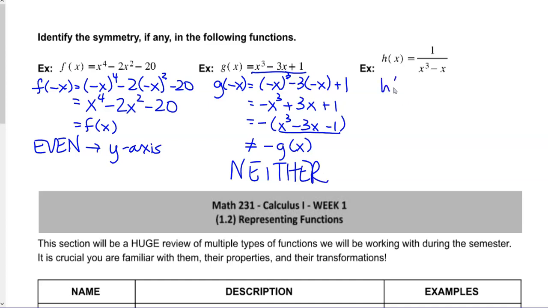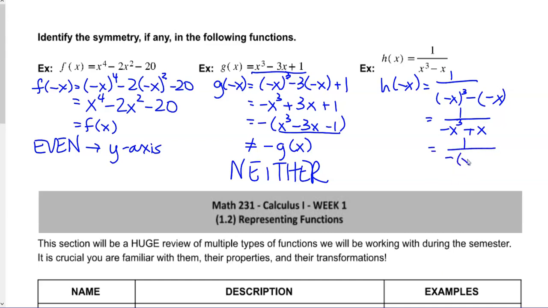All right, and last one, let's look at h of negative x. This ends up giving me 1 over negative x cubed minus negative x. When I simplify that, I get 1 over negative x cubed plus x. But then when I factor out a negative, I get the negative of 1 over x cubed minus x.